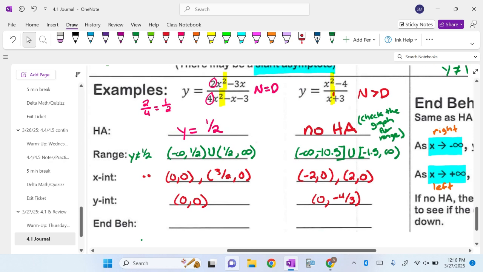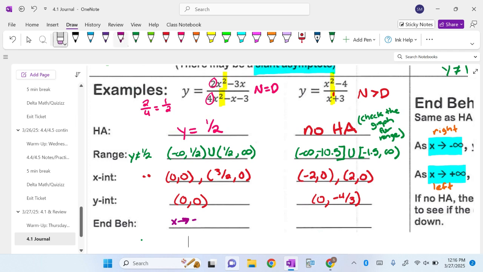So for this one, our end behavior would be as x approaches negative infinity, y approaches where? What's my horizontal asymptote? 1/2. Then as x approaches positive infinity, y approaches where? Still 1/2.